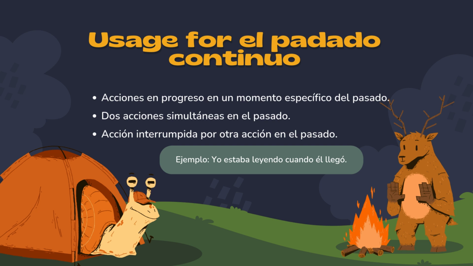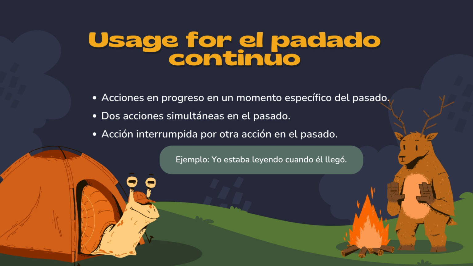And that means two things happening at the same time. And the last, acción interrumpida por otra acción en el pasado. So when you have one action and that is interrupted by another action in the past, that's when you want to use el pasado continuo.